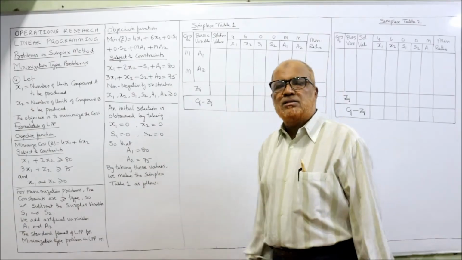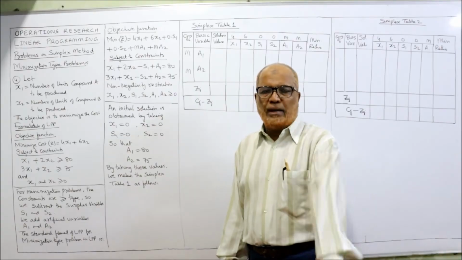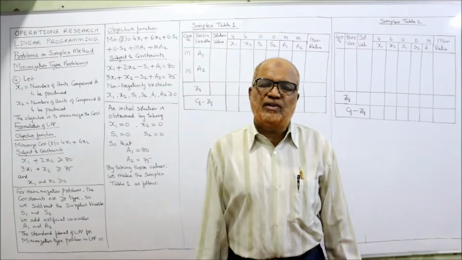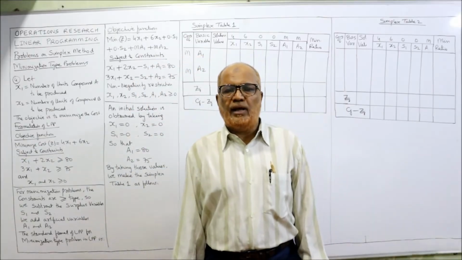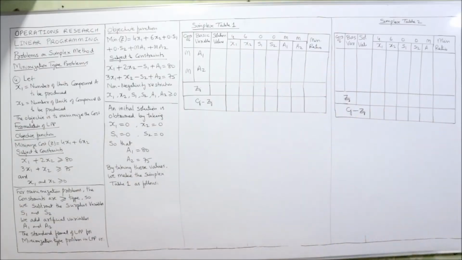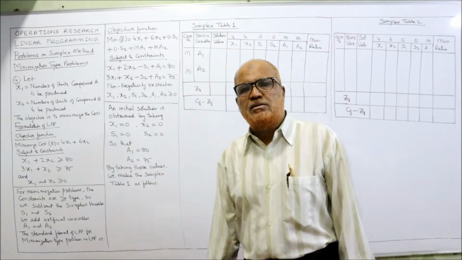By taking this, we start our iteration by simplex table 1. Simplex table 1 is very easy to make because we don't require any formulae. Simply we take the coefficients. The table will be same as what we have done in the maximization type of problems.